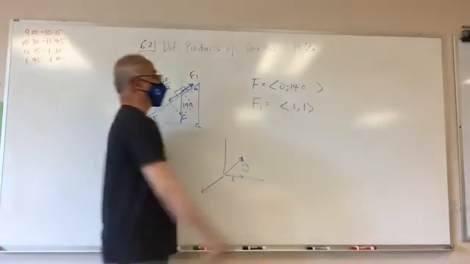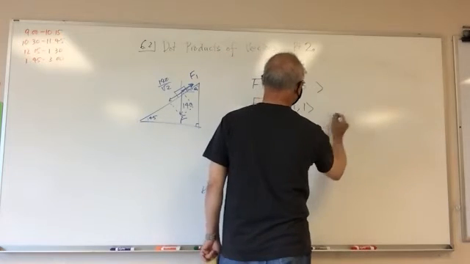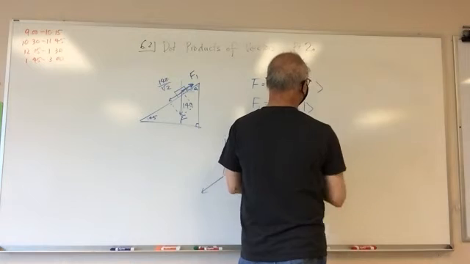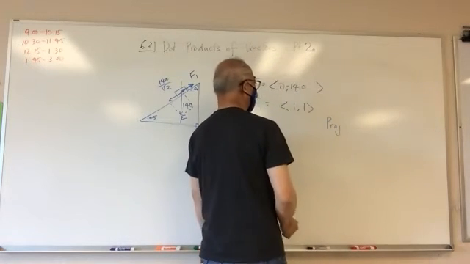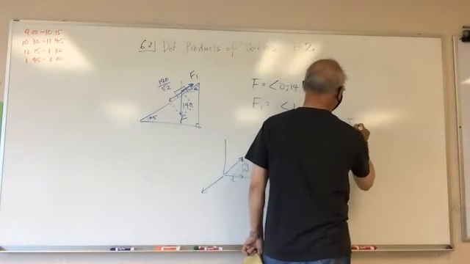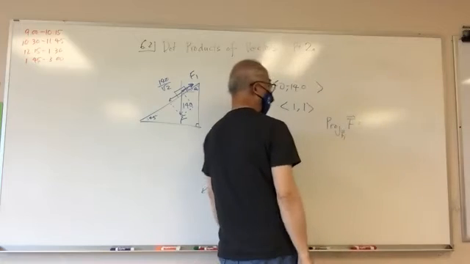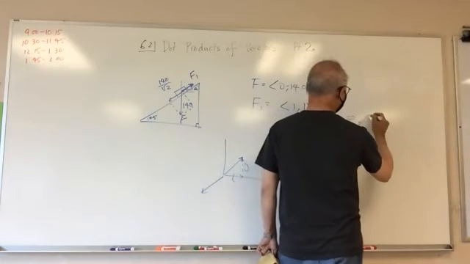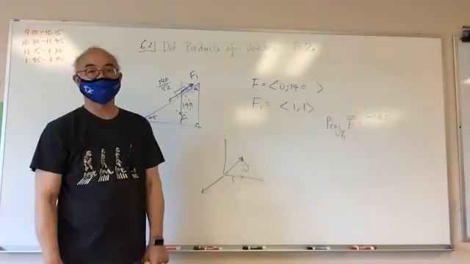Okay? So you're going to project this vector onto this. Right? So let's go ahead and do that. Projecting F onto F1. I'm going to get the dot product of these two, which is -140. Can we see that?